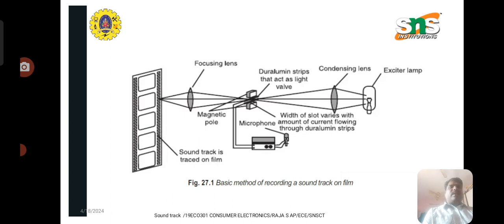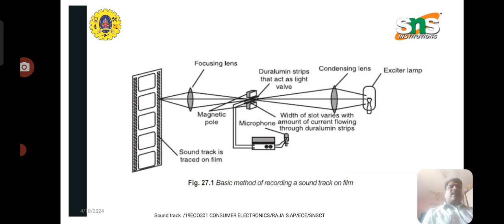If you see the bottom side, the microphone has a slot width that varies with the amount of current flowing through a duralumin strip. The microphone converts an analog voice into digitized pulses, based on the vibrations given by the human voice signal. These are also recorded in the magnetic strips.